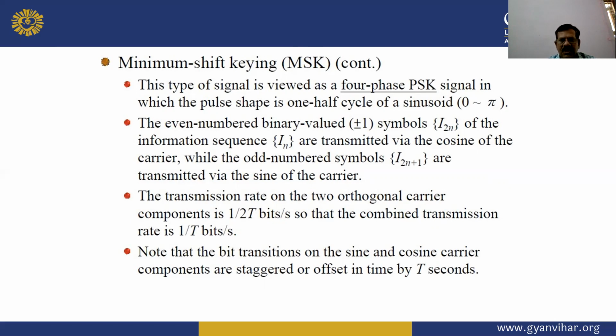The transmission rate on the two orthogonal carrier components is 1/2T bits per second, so that the combined transmission rate is 1/T bits per second.